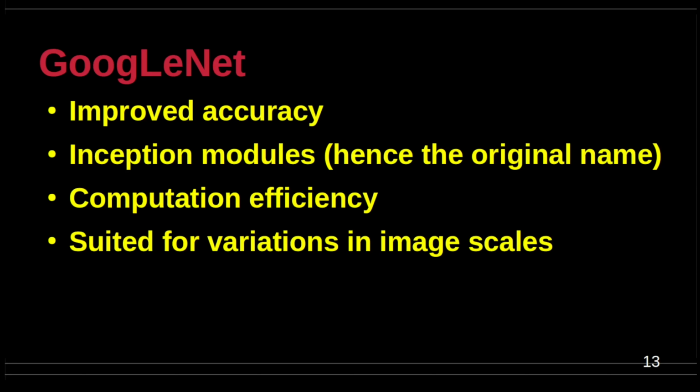These modules efficiently extract features at different scales by using a combination of 1 by 1, 3 by 3, and 5 by 5 convolutions in parallel. This allows the network to capture a wider range of information. The multi-scale approach of inception modules helps the network effectively handle variations in object sizes and scales within images.